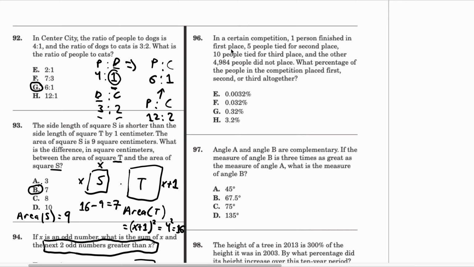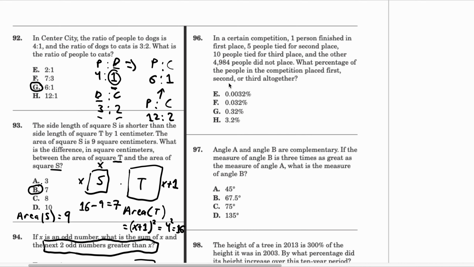Okay, so 96. In a certain competition, one person finished in first place, 5 people tied for second place, 10 people tied for third place, and the other 4,984 people did not place. We want to know what percentage of the people in the competition placed first, second, or third.